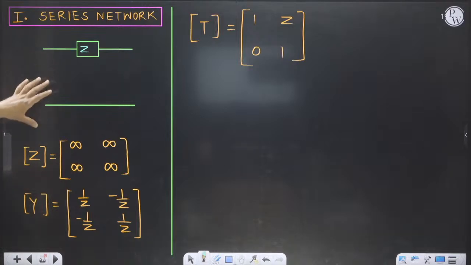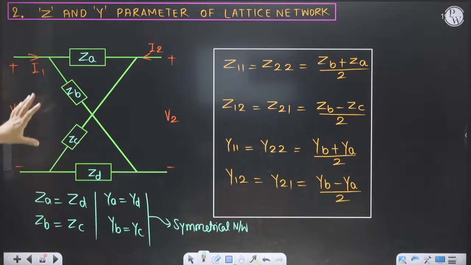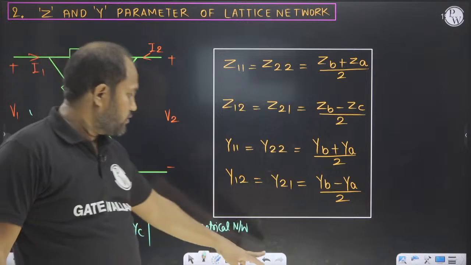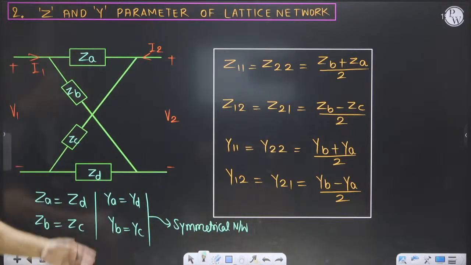This is our series network. We have derived the Z parameter, Y parameter and ABCD parameter, and I derived this in lecture number 5. I have not derived this formula, so if you want the derivation, you can go through it. If you don't want the derivation, just remember it, it is a very easy formula.